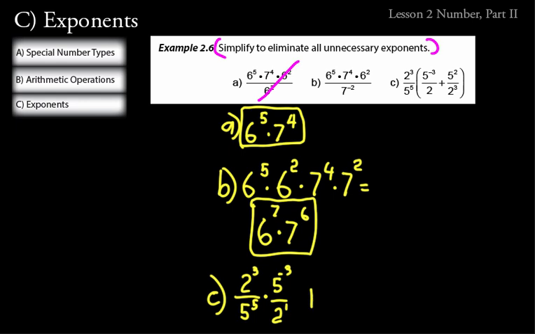Then plus, because there's a plus sign between the two terms inside parentheses, 2 to the third over 5 to the fifth times 5 squared over 2 to the third. And so now we're going to cross those out because it's the same thing, right? And the same thing over the same thing, that always equals 1, right?